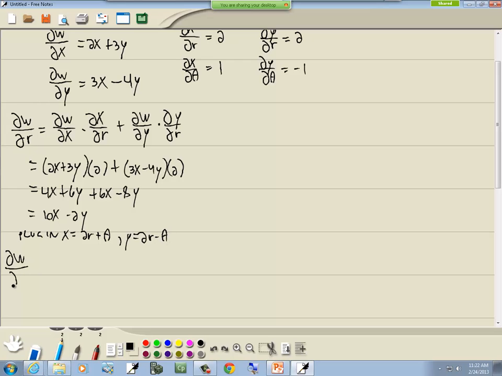So partial w with respect to r, we got 10 times x, which is 2r plus theta, minus 2 times y, which was 2r minus theta. 10 times 2r gives us 20r. 10 times theta gives us 10 theta. Negative 2 times 2r gives us negative 4r. And negative 2 times negative theta gives us a positive 2 theta. 20r minus 4r is 16r. 10 theta plus 2 theta is 12 theta.